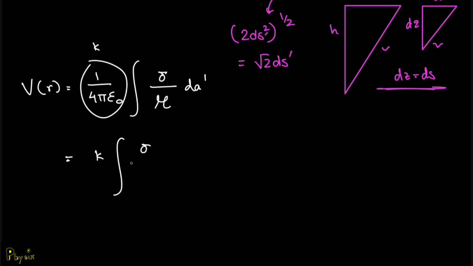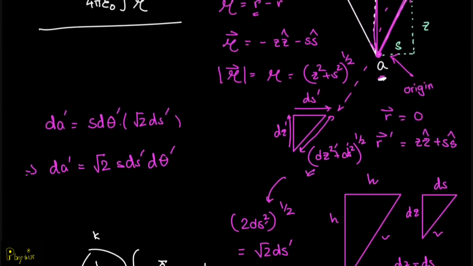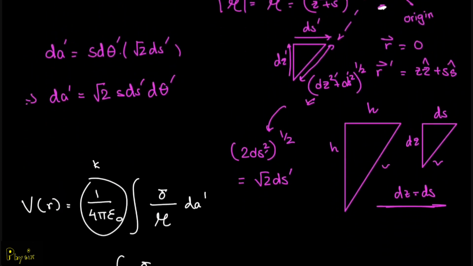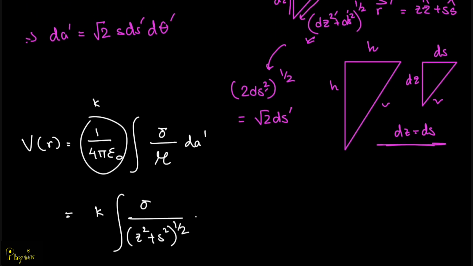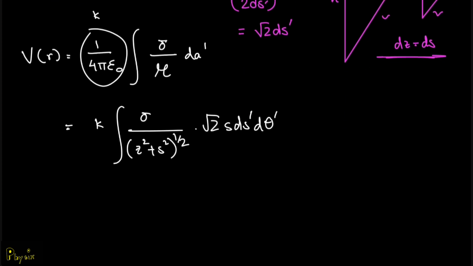This displacement vector's value is z squared plus s squared, raised to the power 1/2. And then there's dA prime, which is the square root of 2 s ds d theta.